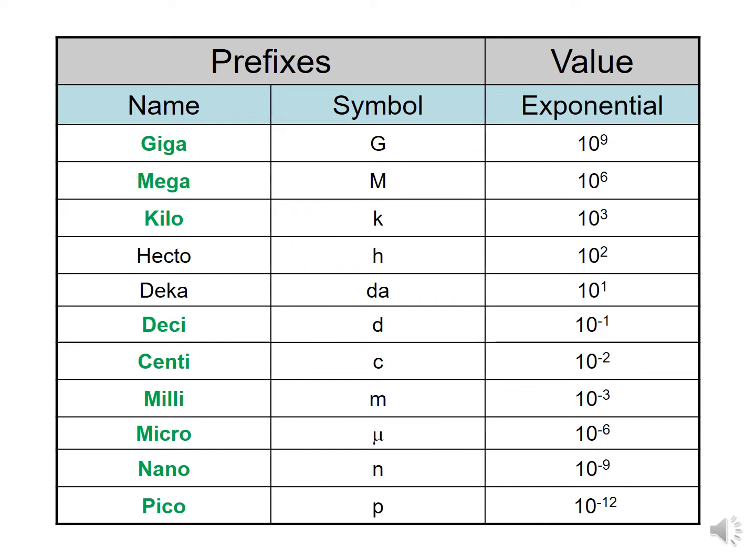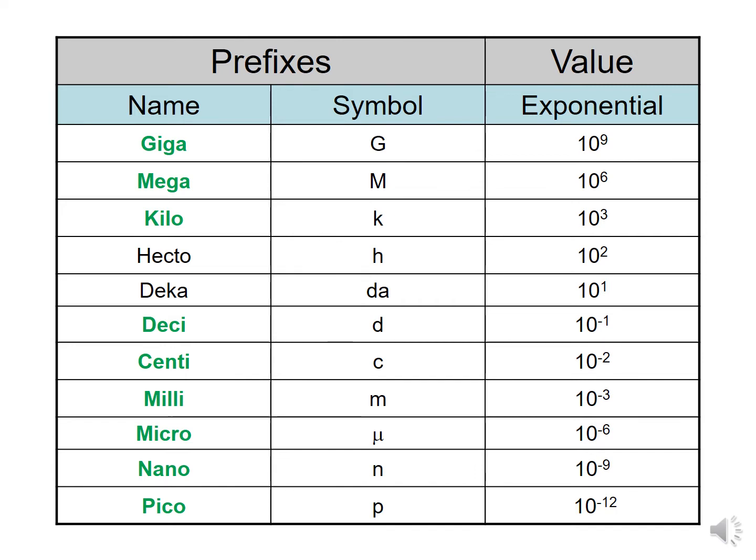In other words, 1,000. So if you write 2 times 10 to the 3 meters, you can substitute the 10 to the 3rd power by k, and so you can write 2 kilometers, km, and so on.